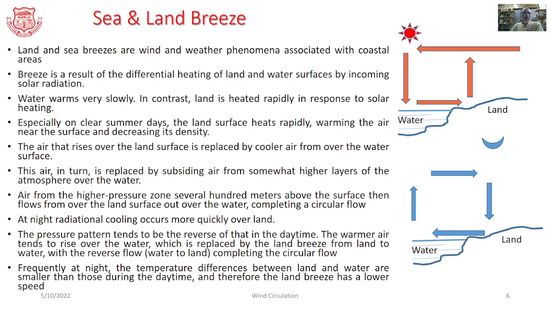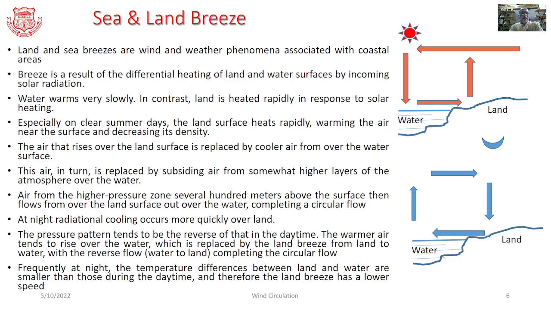So we already know that these land and sea breezes are wind and weather phenomena associated with the coastal belts. This breeze is a result of the differential heating of the land and water surface due to the incoming solar insolation.